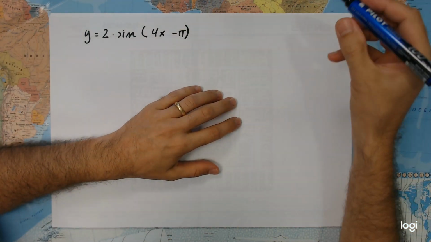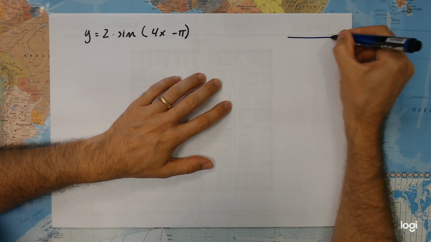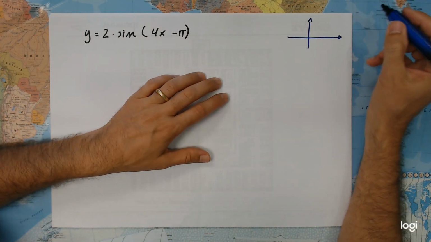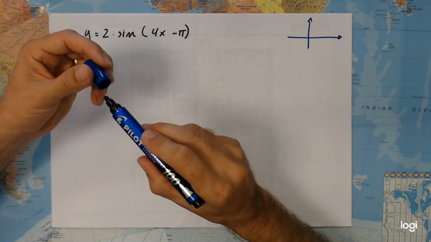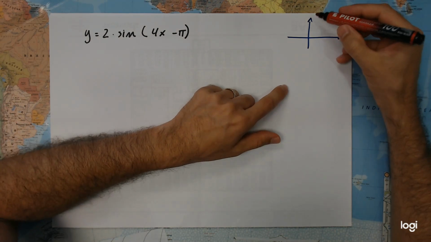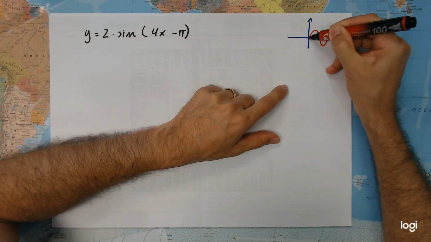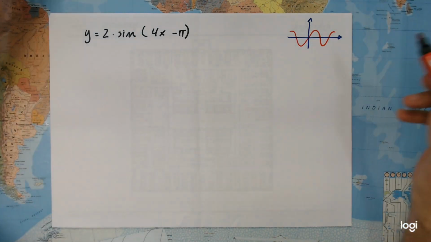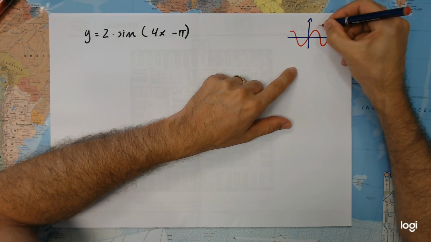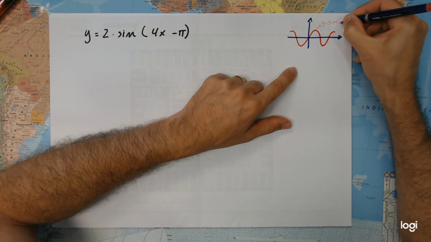Well, I always like to think about the normal charting of the function. It's always good to have that in mind. And you know, for the sine, we just have this, and this would be y equals sine of x.